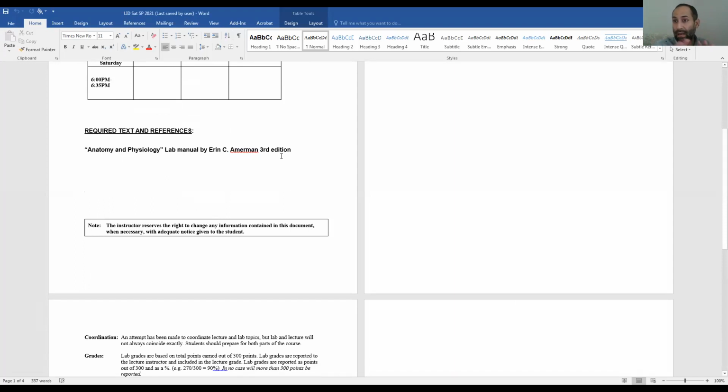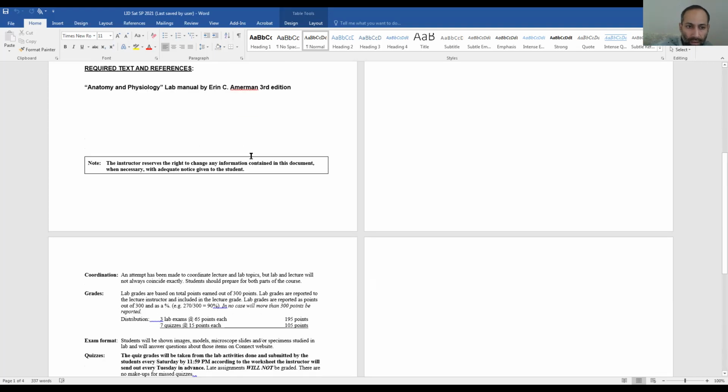The other thing, and again, I don't care if it's a hard copy or an online ebook, or if you get it from someone else or secondhand, doesn't matter at all, as long as you have access to these activities. The other thing you will need is your access to the Connect website, and that's needed for your lecture too, so it's not something extra. You have to have access to the Connect website, and I've sent you that link, okay?